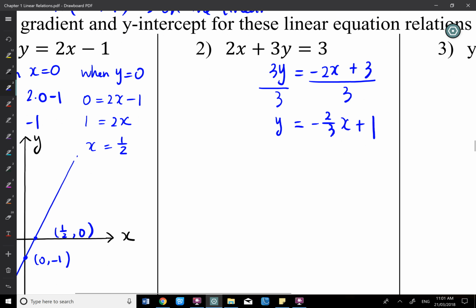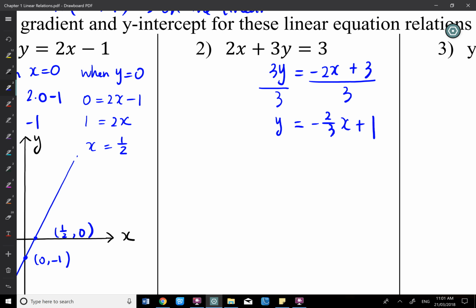So that's in the gradient-intercept form. I can see my gradient is negative 2 over 3 and the y-intercept is 1. So that's a negative gradient.